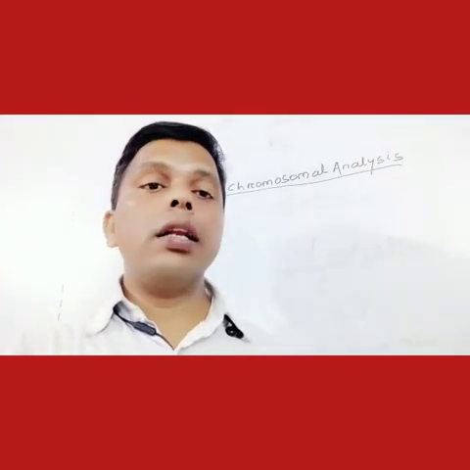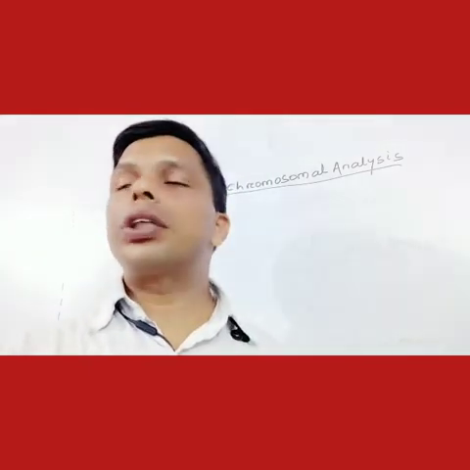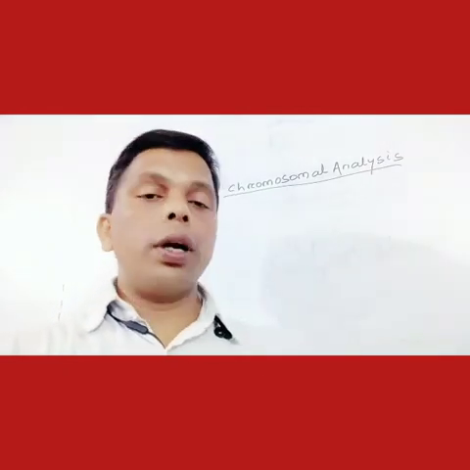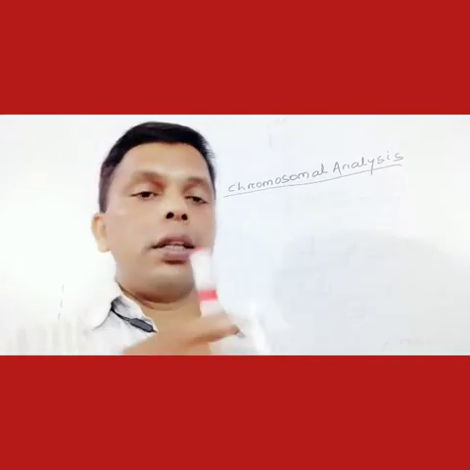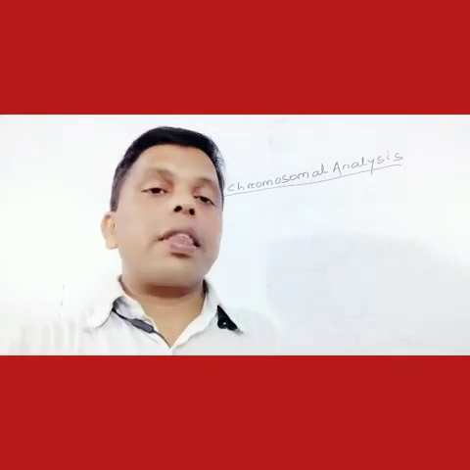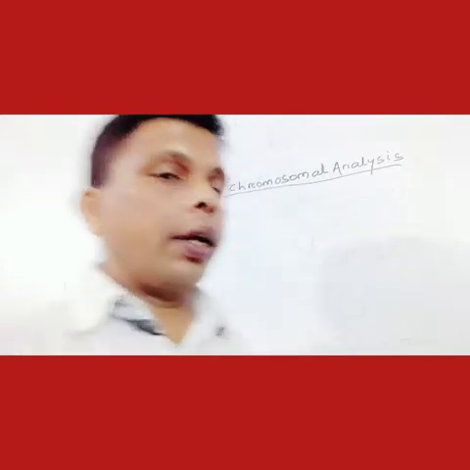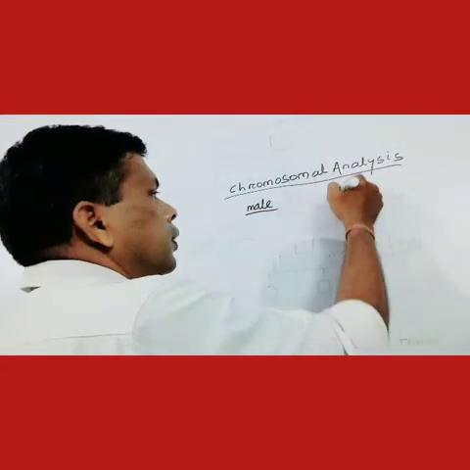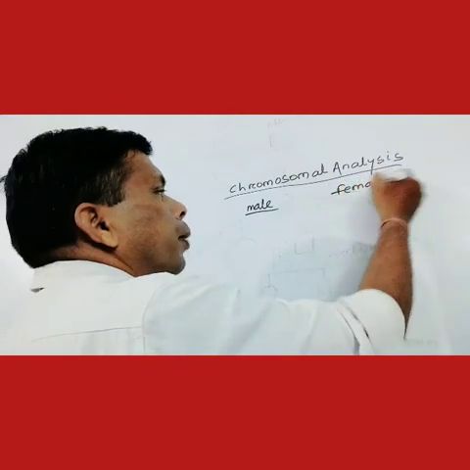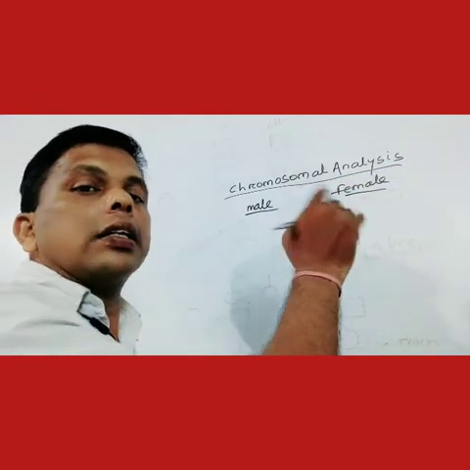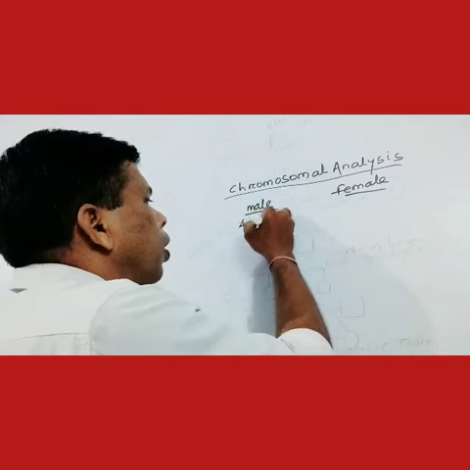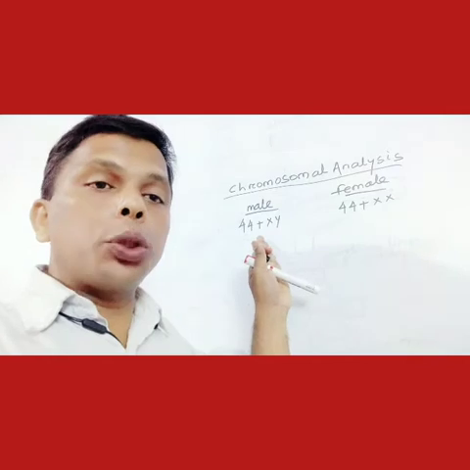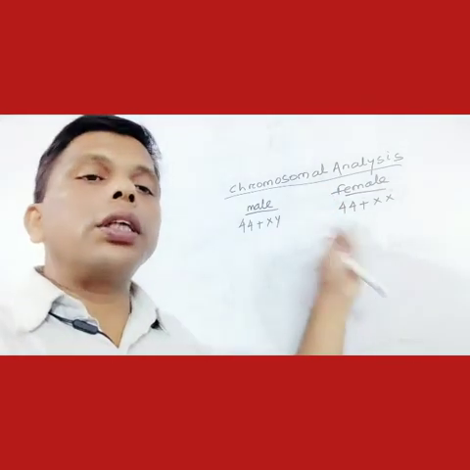In human males, the autosomes are 44 and the sex chromosomes are XY. In females, they are 44 and XX. So male is 44 plus XY, female is 44 plus XX.